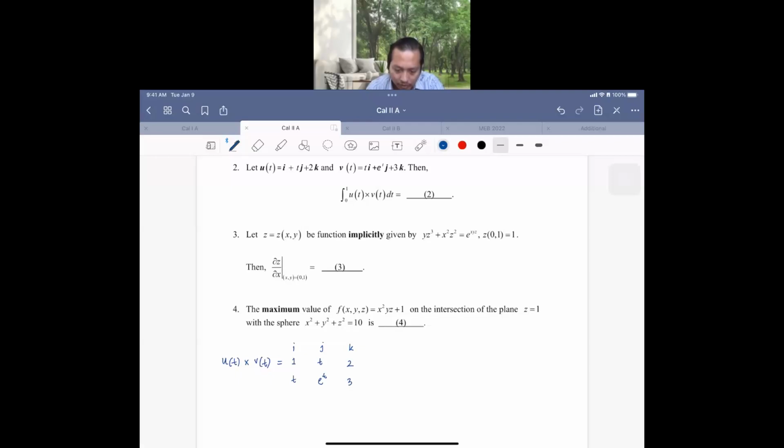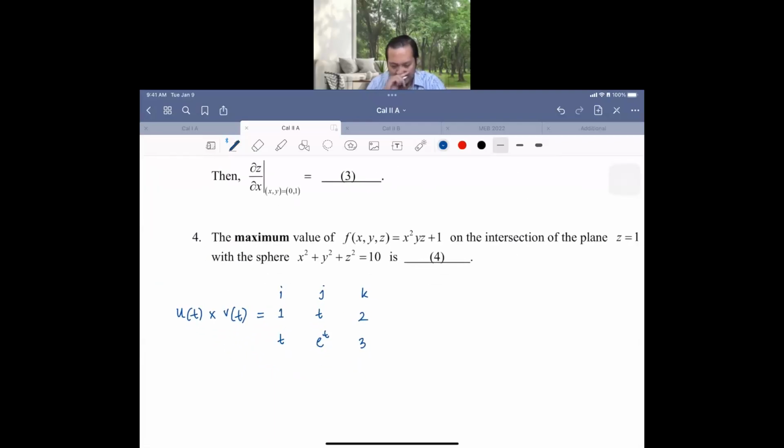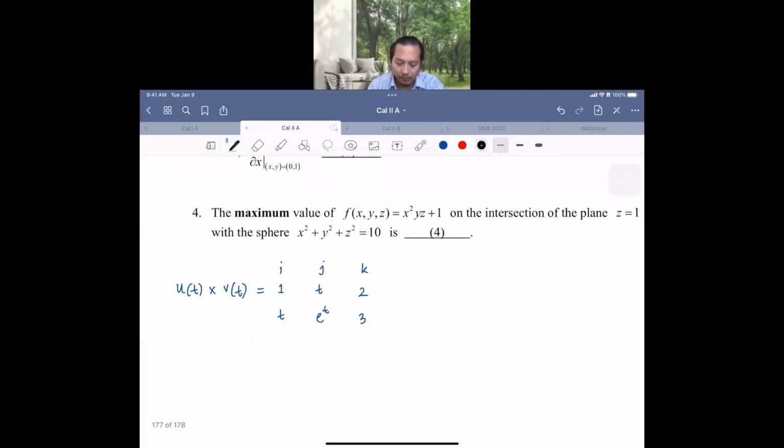This is the equations, and we can directly write three, and then we have, we start from i.